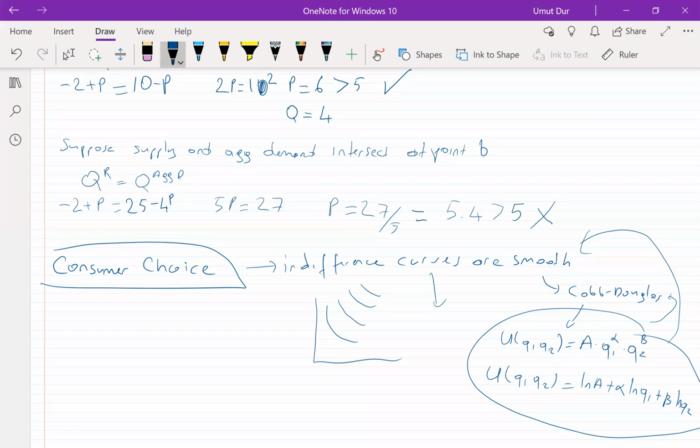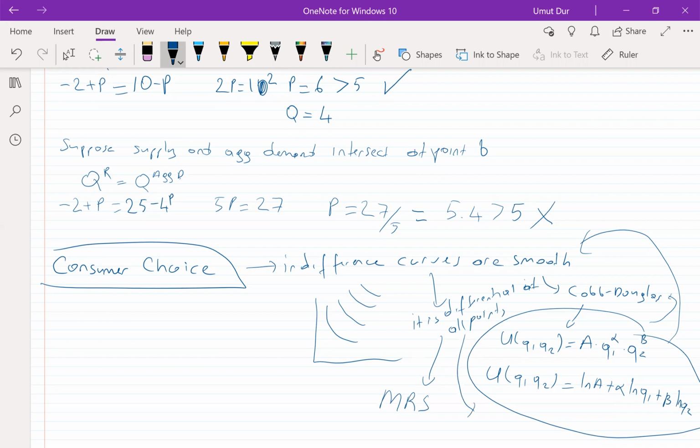So why do we care about smoothness here? It means that it is differentiable at all points, which will help us to use the marginal rate of substitution.